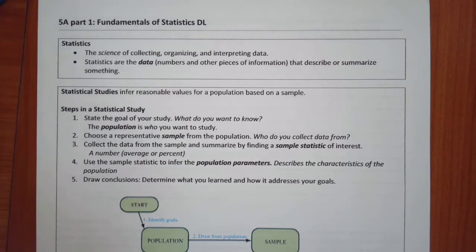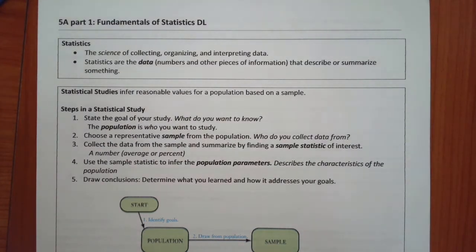If you want to do a study of all Americans, there is no way that you can get responses from all Americans. So you want to create a sample. And so once you've created that sample, you can infer what a reasonable value would be for the population. You take that statistic and apply it to the general population.